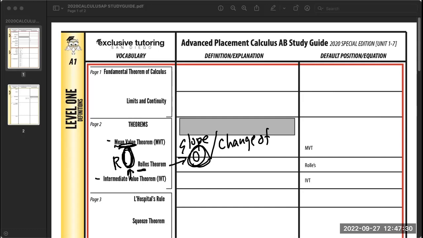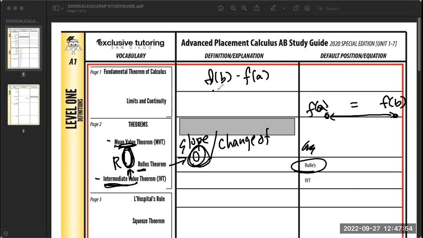So the way I explain Rolle's is that you may have a point and another point which are equal, okay? So f of a and f of b are equal. Therefore, when you subtract them, because you have this basic slope equation, if they're equal, it's a big fat 0 at the top. And so that's your overall slope.